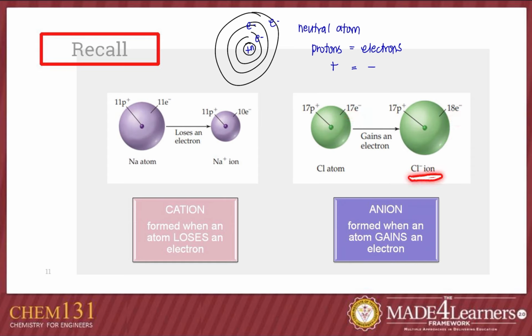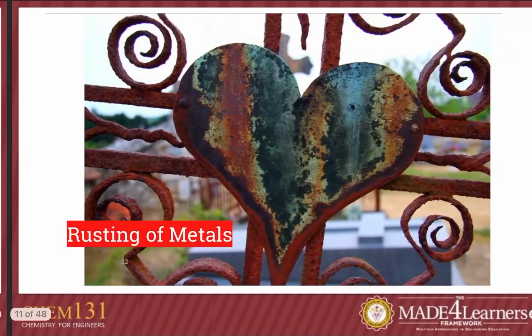It's negatively charged when a neutral atom gains an electron. That charged particle with a negative charge is called an anion. So an atom is neutral, with 0 charge. It can lose an electron to form a sodium ion, or gain an electron to form an anion. That's how ions are formed.